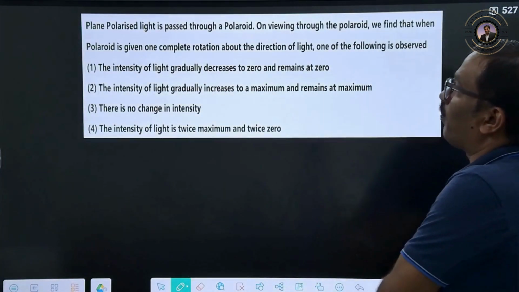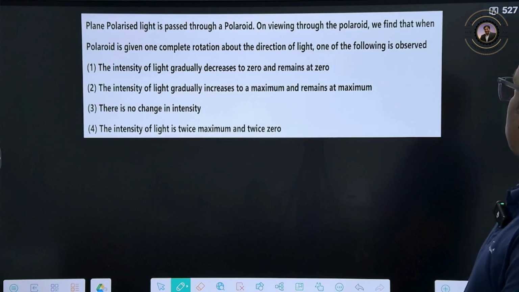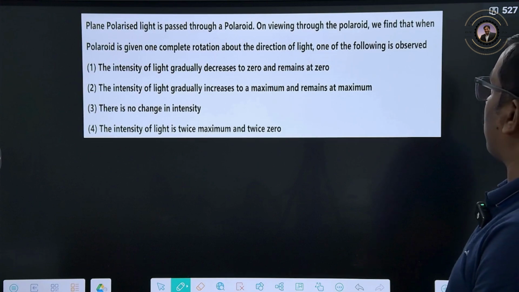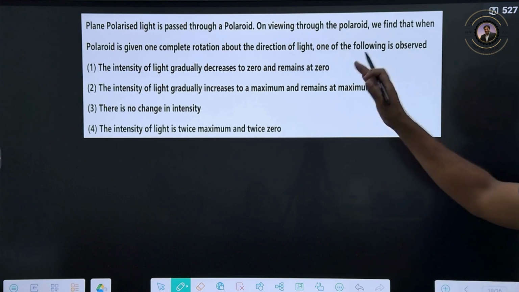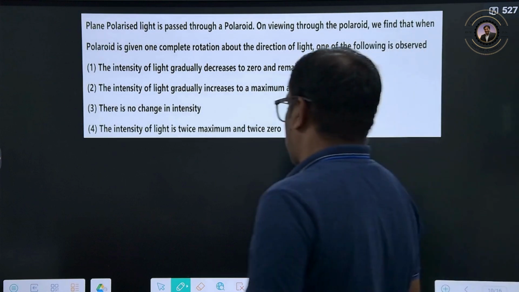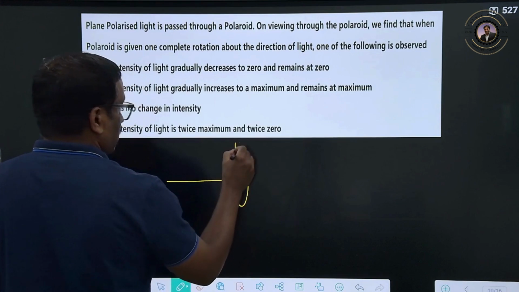Right. Plane polarized light is passing through the polaroid. On viewing through the polaroid, we find that in one complete rotation about the direction of the light, one of the following is observed. A plane polarized light is passing through this polarizer.